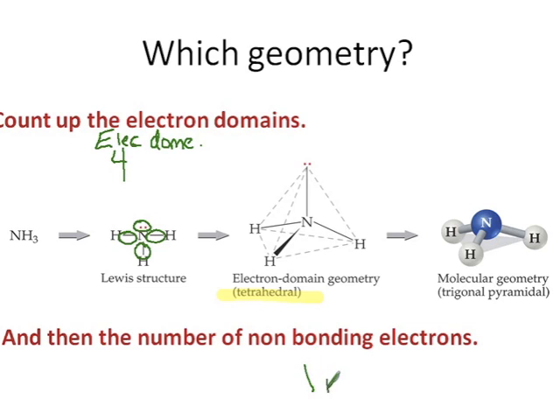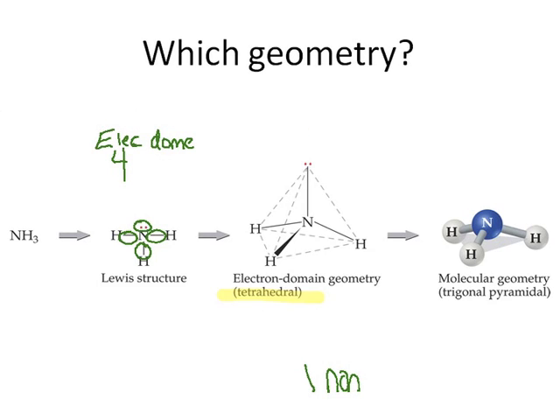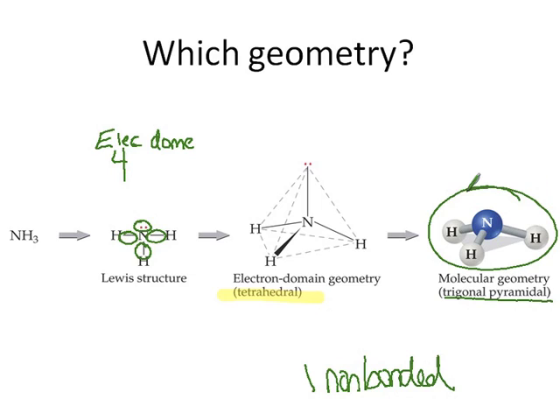One non-bonded. So this ends up being trigonal pyramidal, but it's trigonal pyramidal within tetrahedral. It's still a tetrahedral structure, but it's a trigonal pyramidal tetrahedral structure. I dare you to say that 3 times fast. Good luck with that. So it ends up looking like this. Okay?